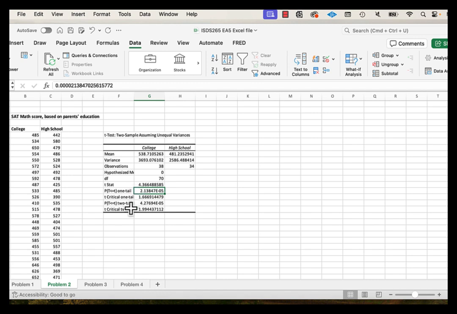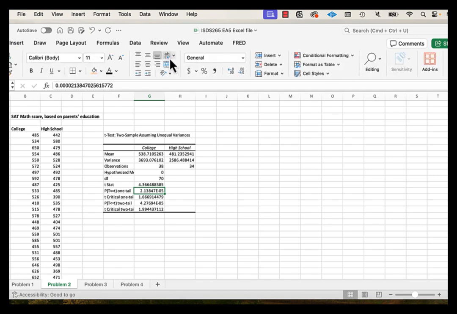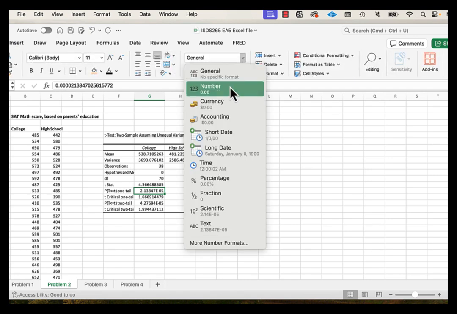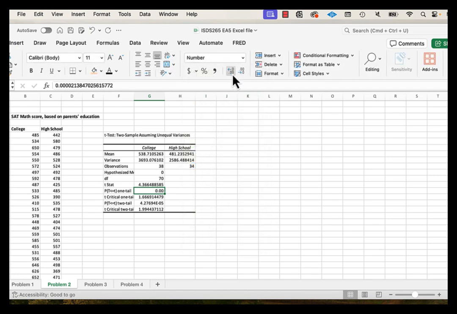So this is a one-tailed test, so p one-tailed test. Now this is in scientific notation, so 2.1384 e to the minus 5. You can move the decimal 5 places to the left. Let's see if we can actually change the format here. So let's just change the number format. That's what it looks like and how you typically see it.